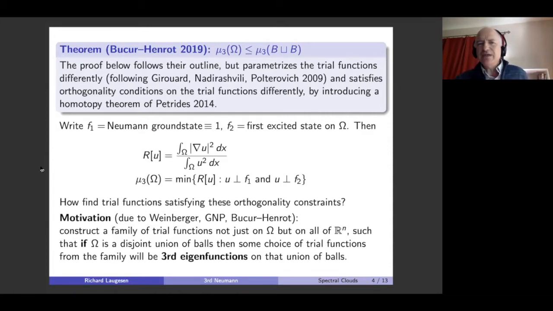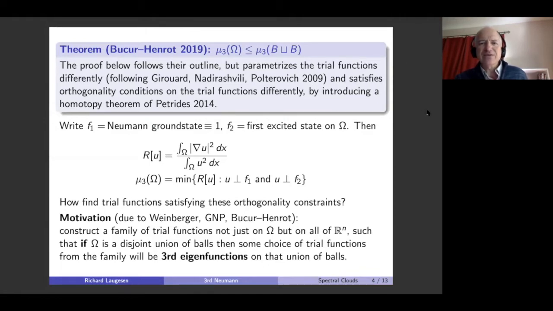And so the key point then is to try to find a proof that does not rely upon anything that's genuinely Euclidean, but only upon geometric constructions that can be translated to the hyperbolic situation. So the trial functions in some sense go all the way back to Szego and Weinberger, with extensions through Girouard, Nadirashvili and Polterovich.